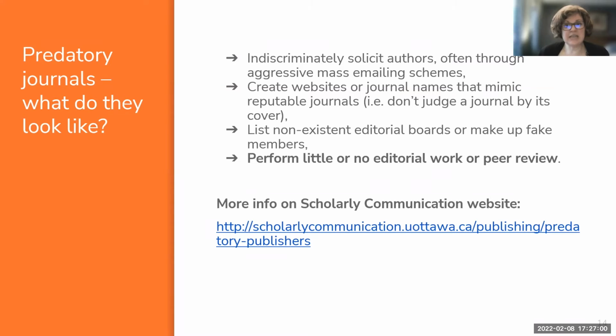Also, if it's not indexed in reputable databases. Sometimes I've seen on the websites of these predatory publishers, they list Google Scholar or other things. They say it's a database or a type of database, but they are not databases. It's not Medline or Scopus or any regular database.